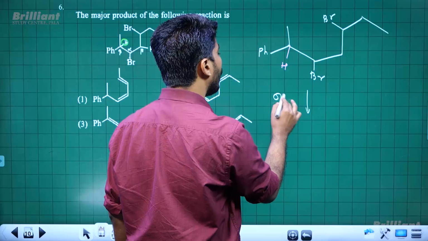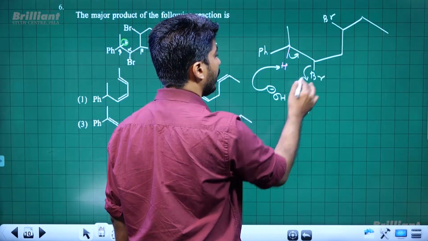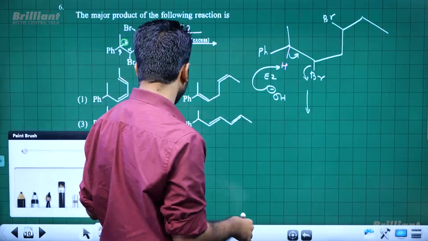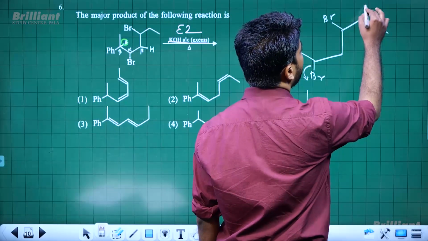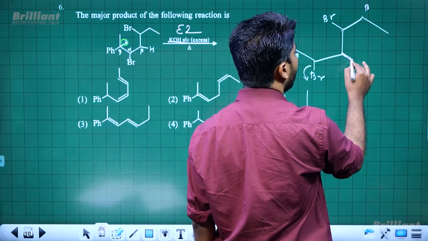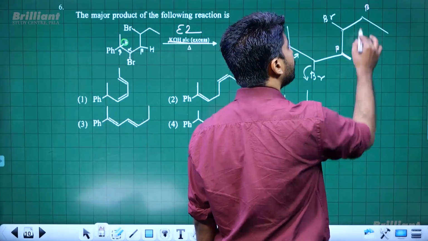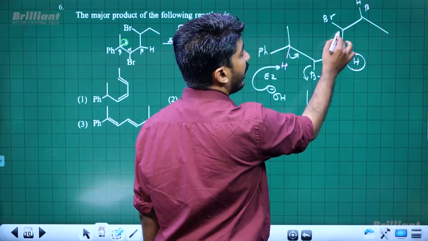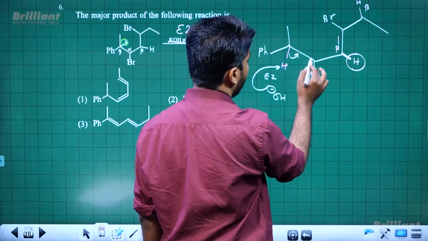So here OH minus takes this proton and the leaving group leaves, that is E2, and on the other side we have beta over there, beta hydrogen is present here also, and this will be taken preferentially because if this is taken, an alkene is formed here and that will be again in conjugation with this new alkene, right?